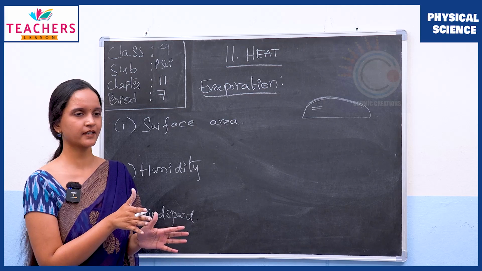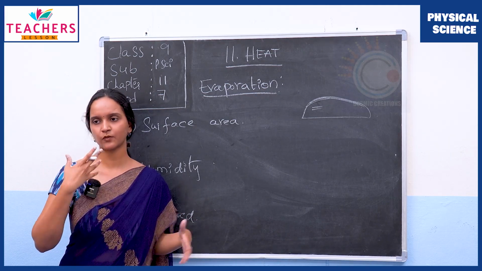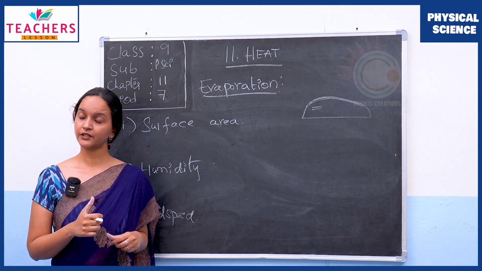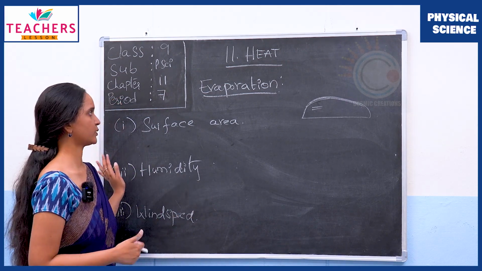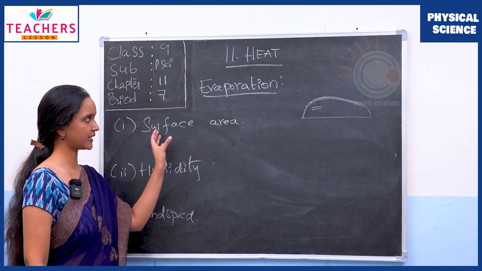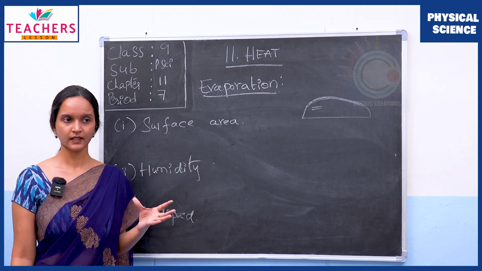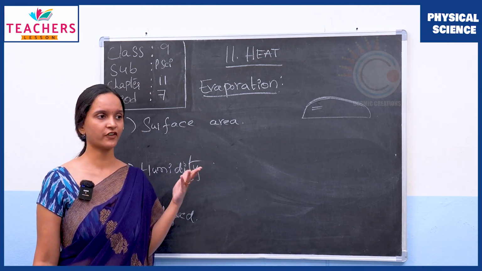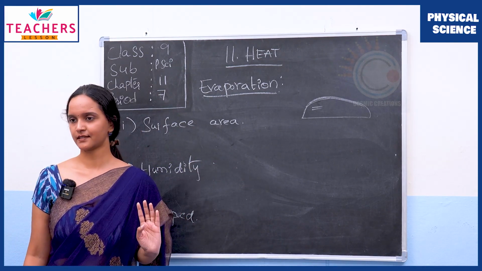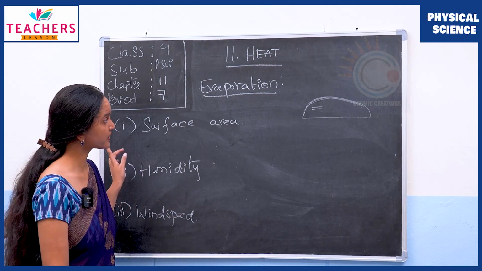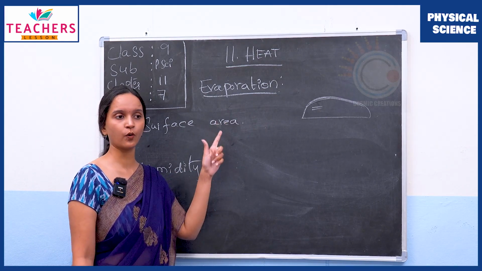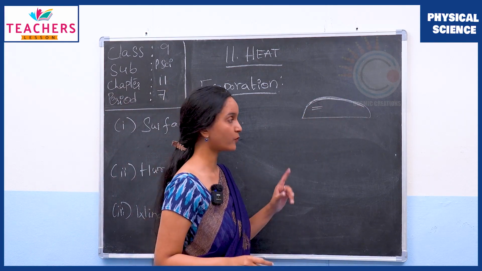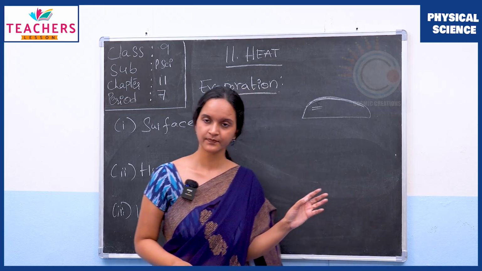Less surface area means fewer molecules on the surface, so the rate of evaporation reduces. So there is a direct correlation between surface area and evaporation. As the surface area increases, the rate of evaporation also increases, because more molecules are present at the surface and can escape.